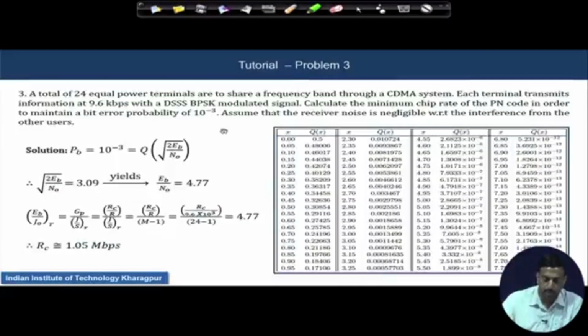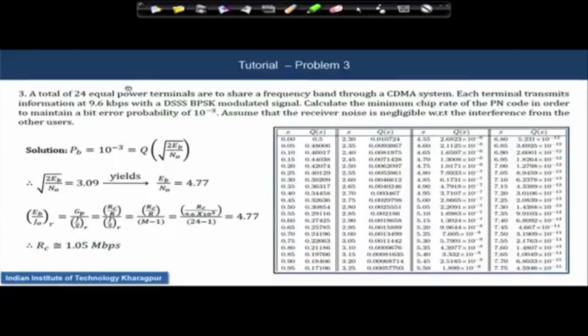So we move on to the third problem. In this problem we have been told that we have 24 equal power terminals which have to share a common frequency band using a CDMA system. We have been given the rate of data transmission, which is 9.6, and we have to calculate the chip rate of the PN code, that is RC, and the specification is that the minimum bit error probability should be 10 to the power of -3.